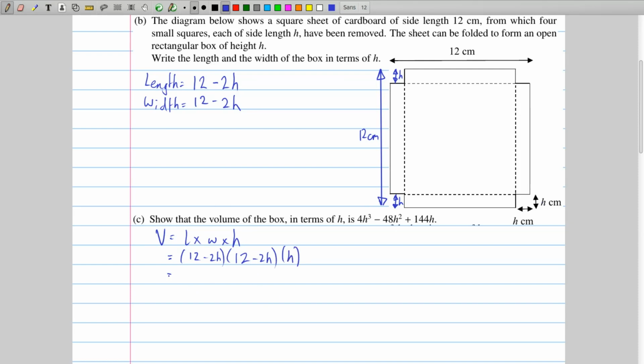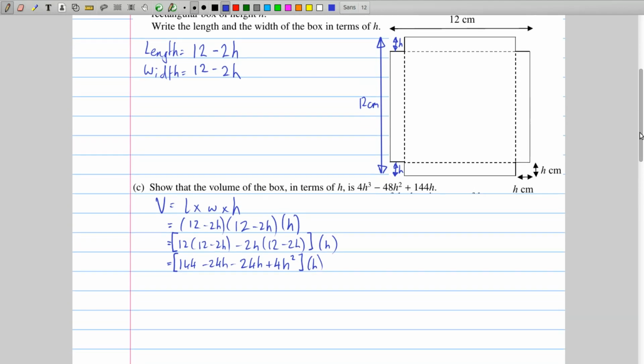So we multiply all of this out. I'm going to leave that h to the side for the moment. So I'm going to have 12 by 12 minus 2h, minus 2h by 12 minus 2h, and then that's multiplied by h at the end. I'm going to bring that in a bit later. For the moment, we get 144 minus 24h minus 24h plus 4h squared. Now I'm going to just clean that up a little bit.